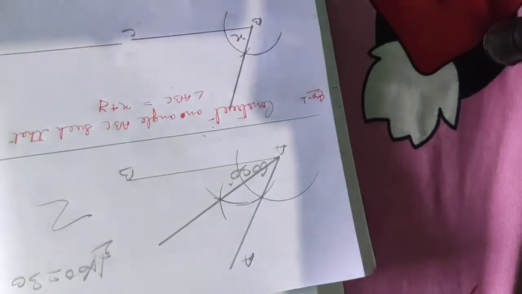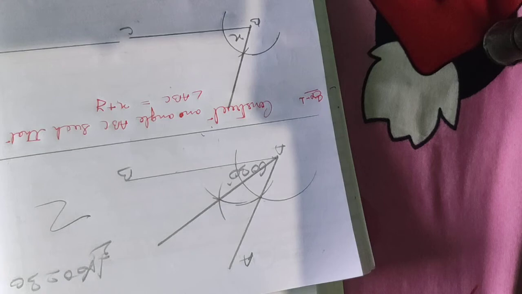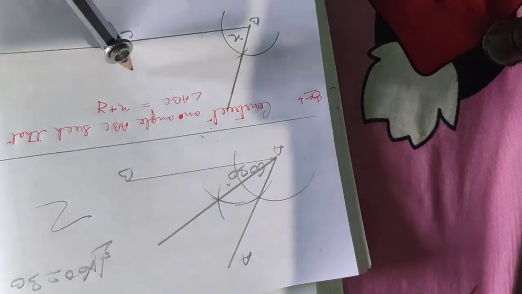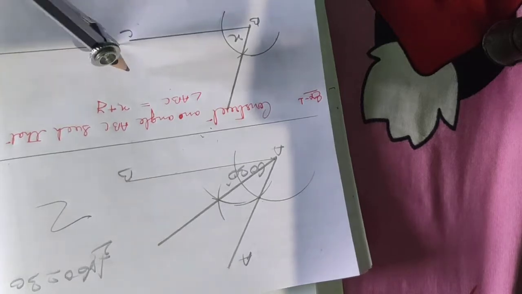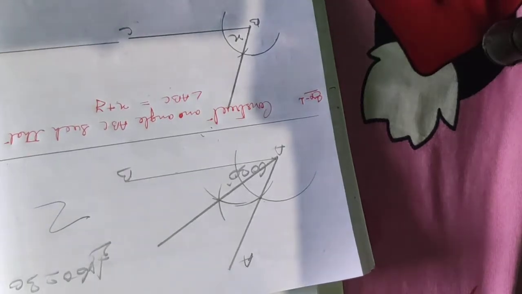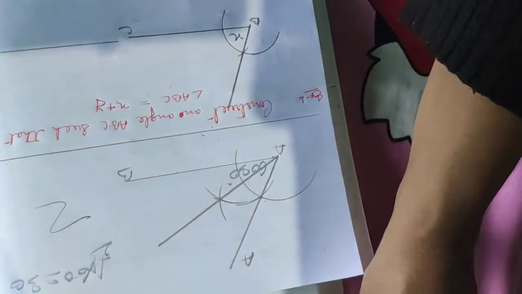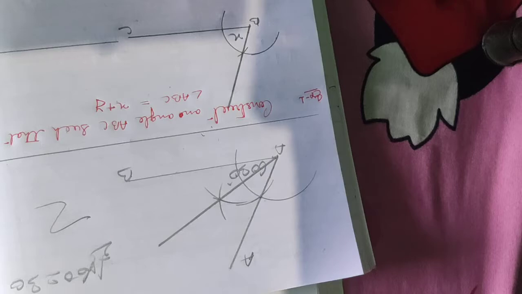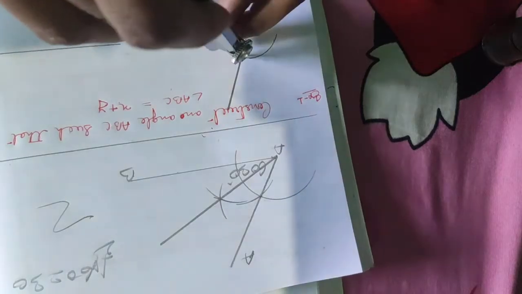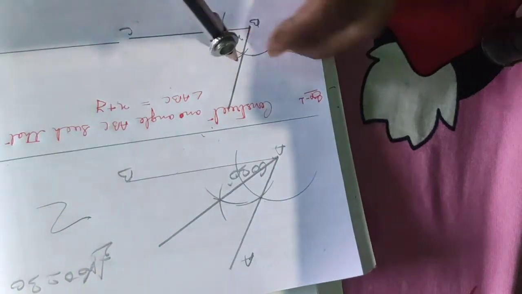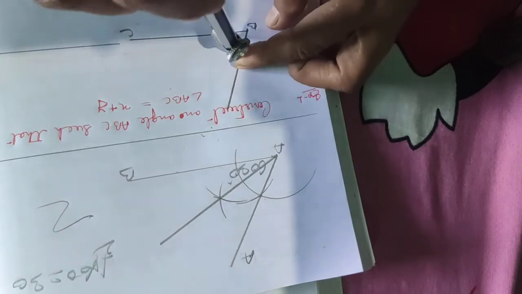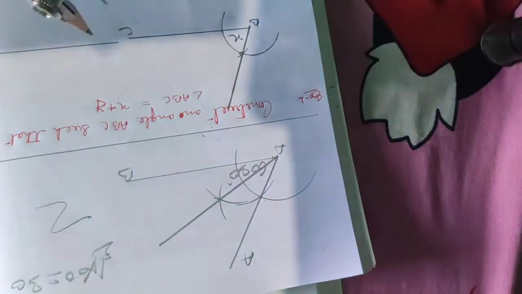Now draw another arc here, 6 centimeters, okay, with the same measure here radius, okay.